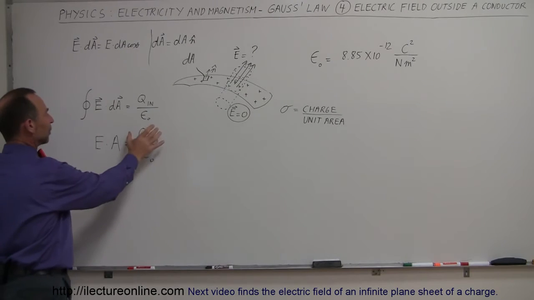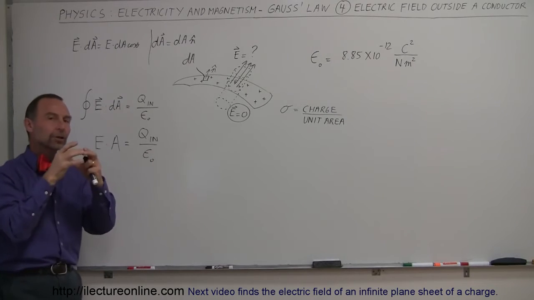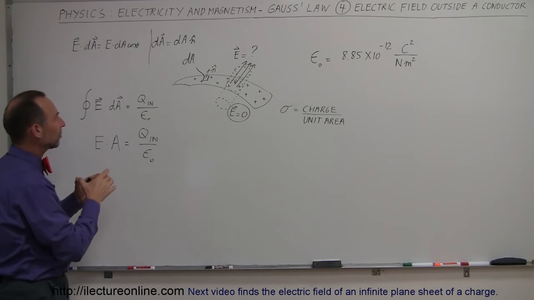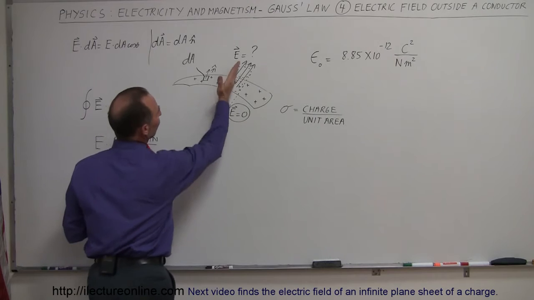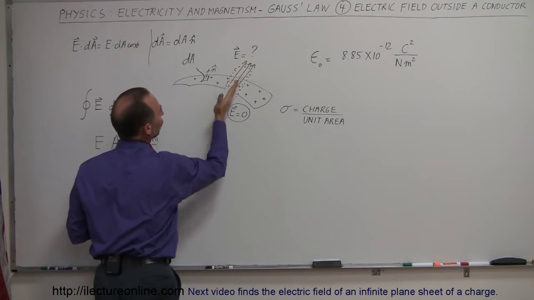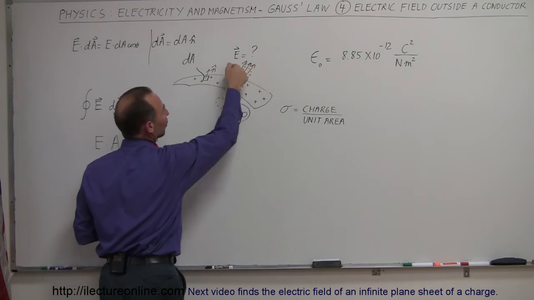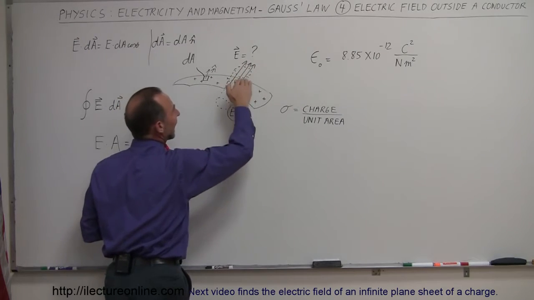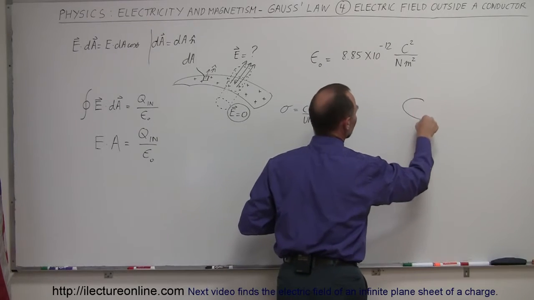Okay, so now we'll be able to calculate this. This is a constant. E field is what we're looking for. Now the area, the area through which the electric field goes. And notice the electric field will emanate away perpendicular to the surface, and therefore the area of the Gaussian surface through which the electric field will go is simply the end of that cylinder. So if we draw a little cylinder on the side here, so here's our cylinder.